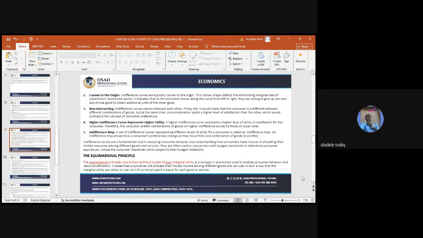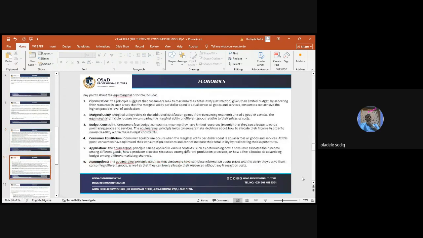Then we look at the next slide. What are the key points about the equimarginal principle? Number one is optimization. The principle suggests that consumers seek to maximize total utility given their limited budget by allocating their resources in such a way that the marginal utility per dollar spent is equal across all goods and services.